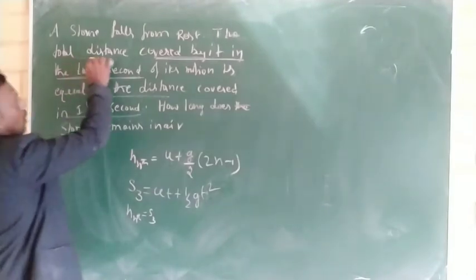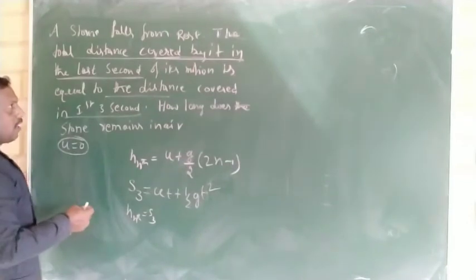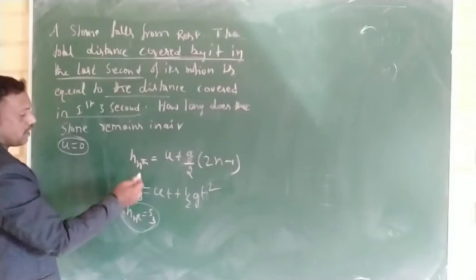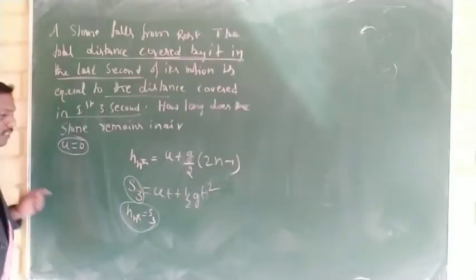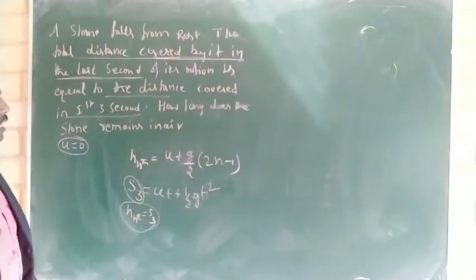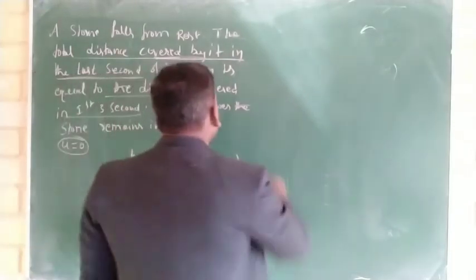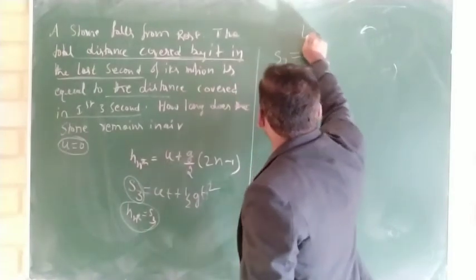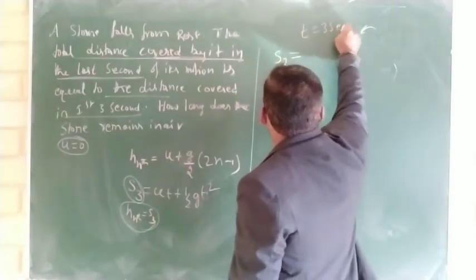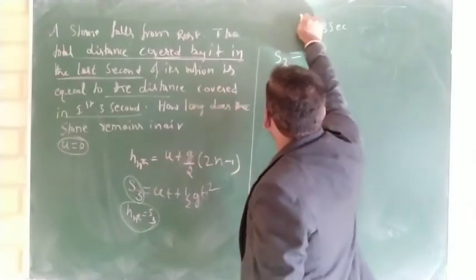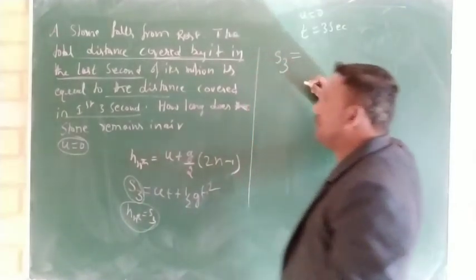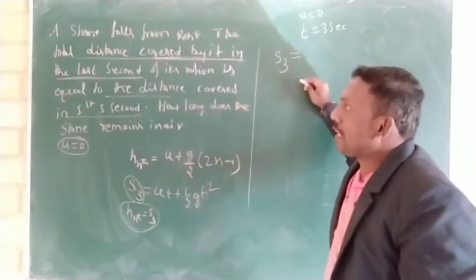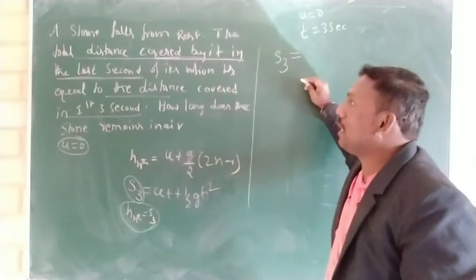The total distance covered in the last second is equal to the distance covered in the first 3 seconds. So h nth is equal to S3 is the condition. First we calculate S3. Here t is equal to 3 seconds and u is equal to 0 because initially the stone is at rest.